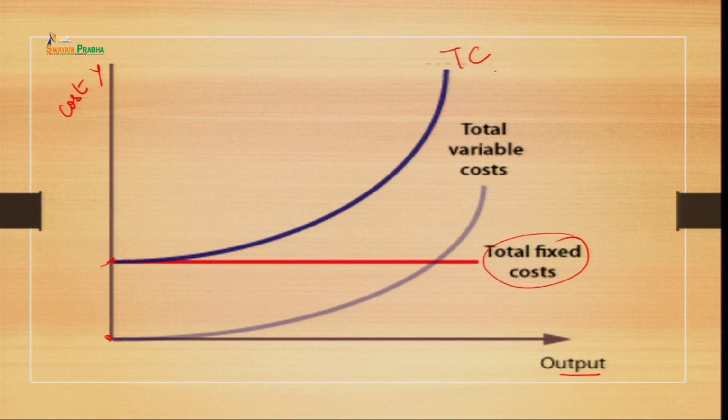This is the total cost curve which includes both, right, because total cost always involves the fixed cost and variable cost, right. So, up to this level we have the fixed cost at 0 output also. So, our total cost curve will start from this point, not from this point. So, this you have to understand, right.